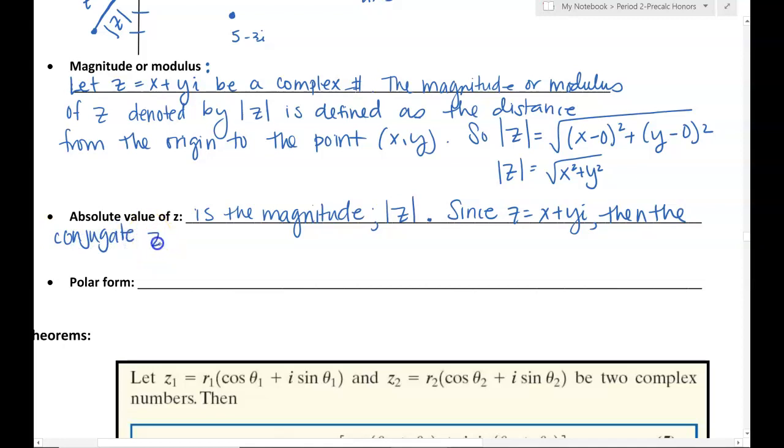So in your book, we use the z with the bar on the top to represent the conjugate, and the conjugate is when we change the sign right in the middle, just like that. So the conjugate equals x minus yi. So what if we multiply the conjugate pair together? So that means we want to multiply z to z bar, which leads us to an equation x plus yi times x minus yi, which equals x squared.